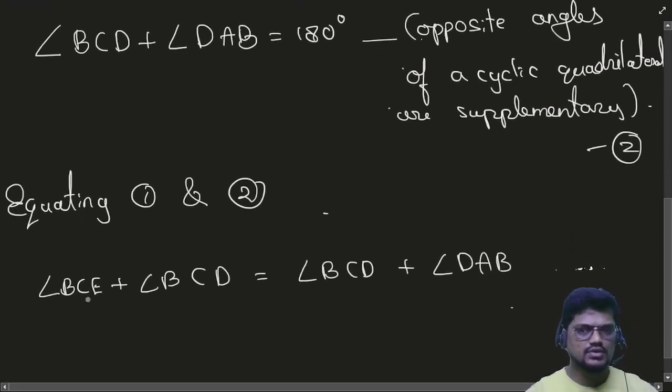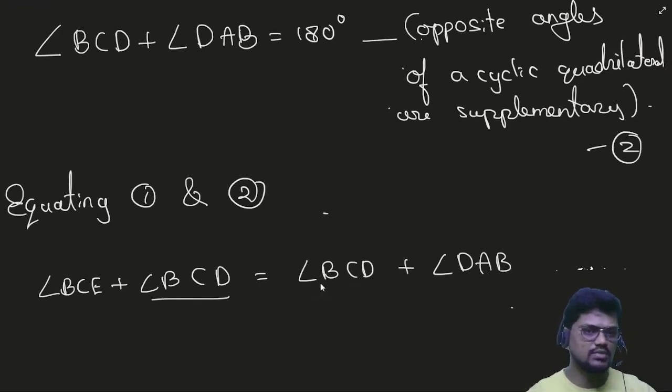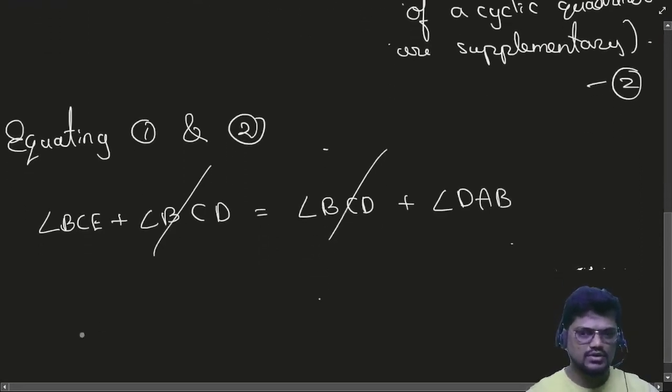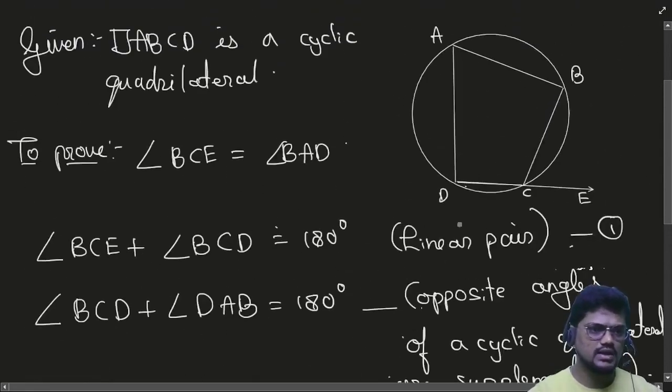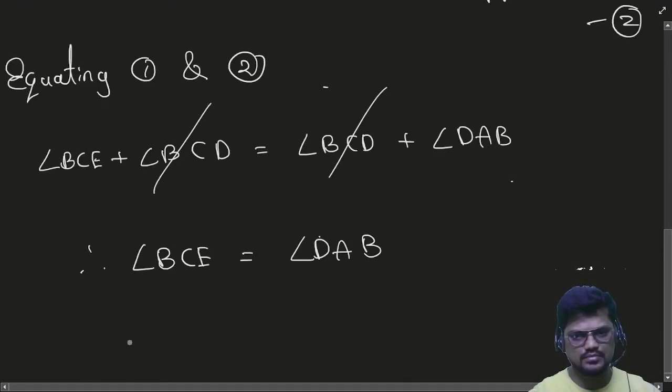Since BCD is the same on both sides, you can cancel both of them. Therefore, angle BCE is equal to angle DAB. Hence proved. Clear?